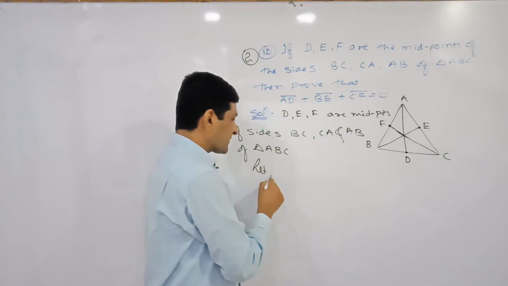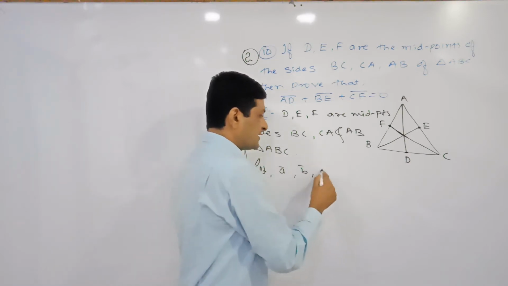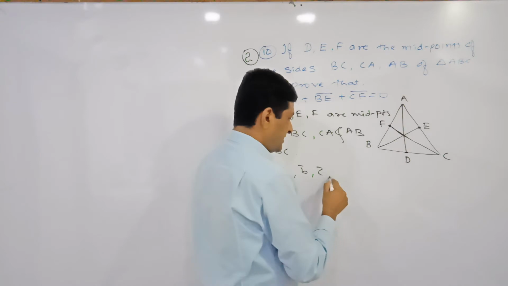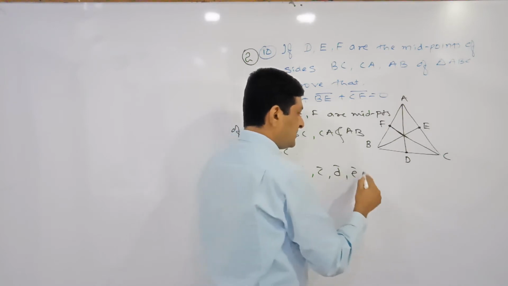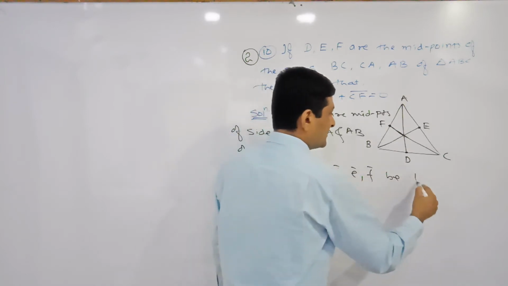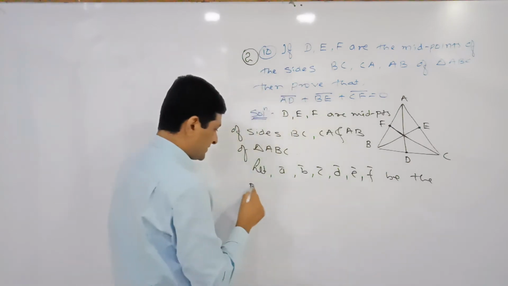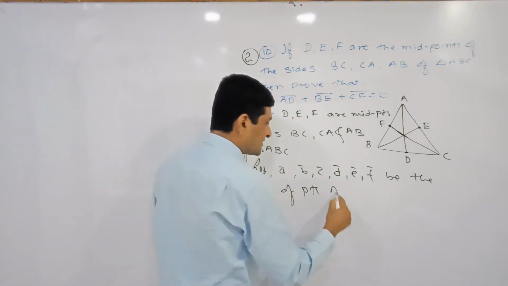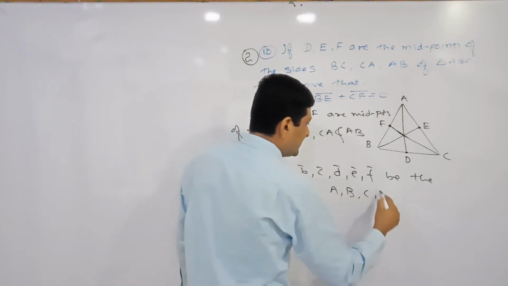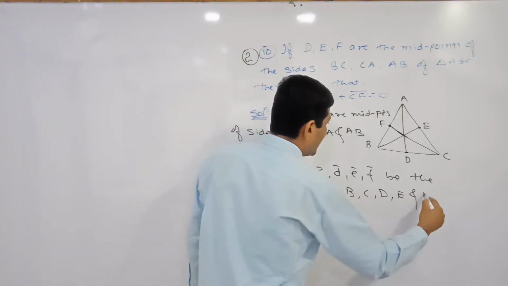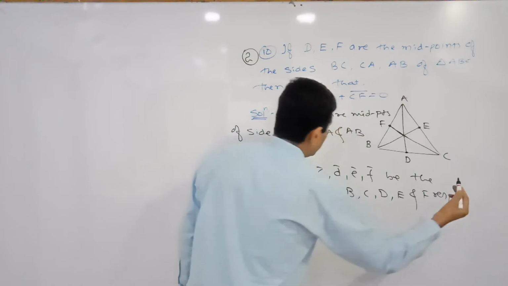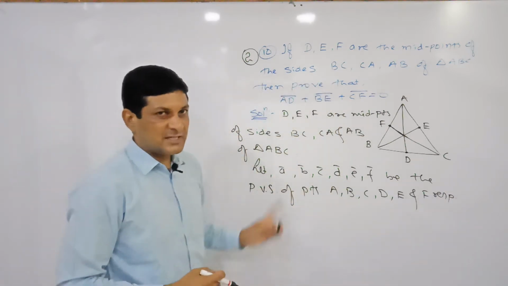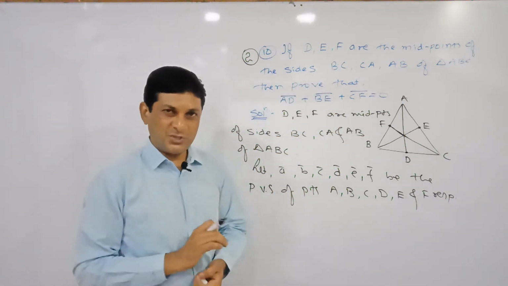So let A bar, B bar, C bar, D bar, E bar, F bar be the position vectors of points A, B, C, D, E and F respectively. Since we have to use the vector method, that's why we are defining the position vectors here.